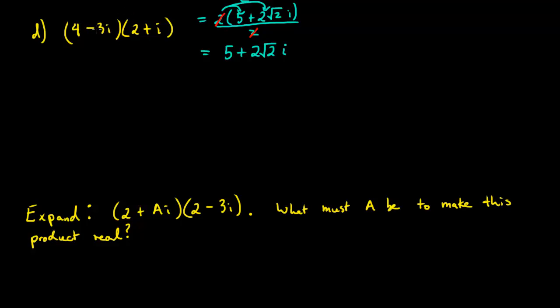So in order to expand this product, I'm going to multiply 4 times 2, and then I'll add to that 4 times i, and then I've got to do the inner product, which is negative 3i times 2 and negative 3i times i.